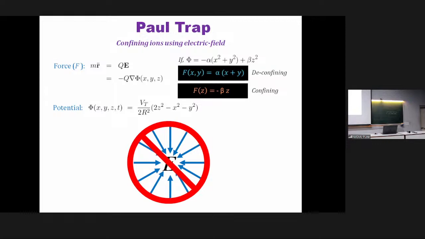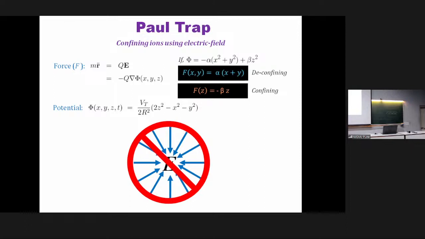So that means if I take a potential of this form, only along one direction I can get a confining potential, but in the other direction it's deconfining. That means it will push the particle along its velocity. That's not what we want. We want a 3-dimensional confining potential.